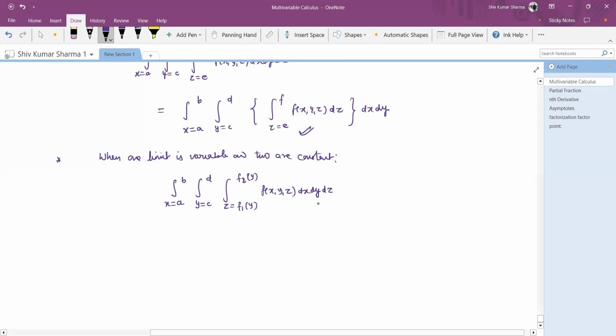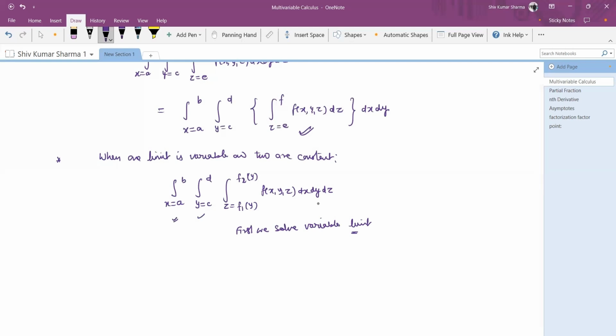In this case, first we solve with respect to z, the variable limit. First we solve the variable limit, then we solve the constant limits. For the constant limits, we have the same rule: we integrate with respect to y, then with respect to x.